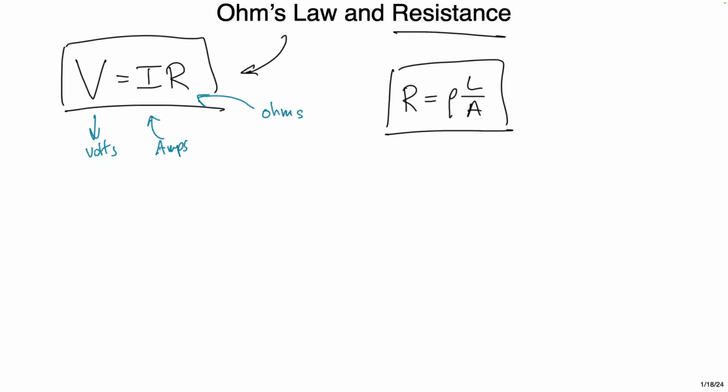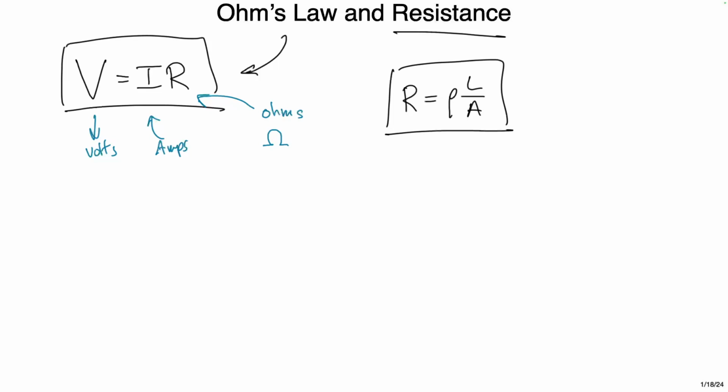I didn't draw it very well. Okay? Greek letter capital omega. Named after Georg Ohm, the guy that came up with Ohm's law. And it literally is a volt per amp, if you want to think of it that way.